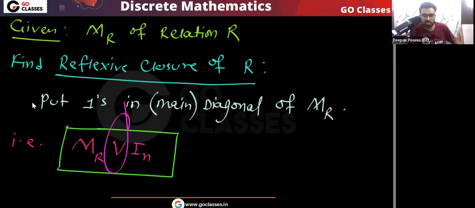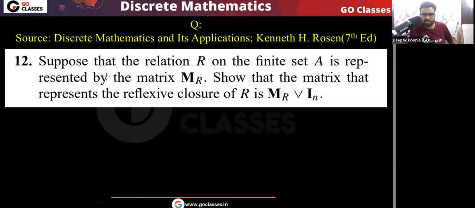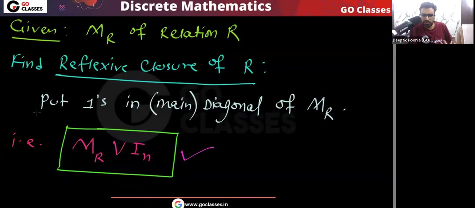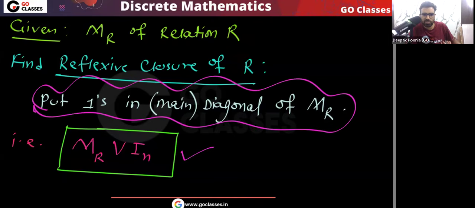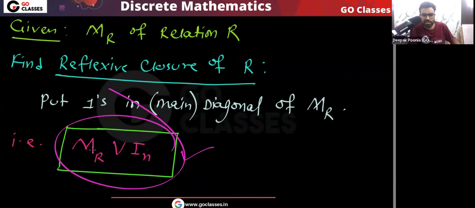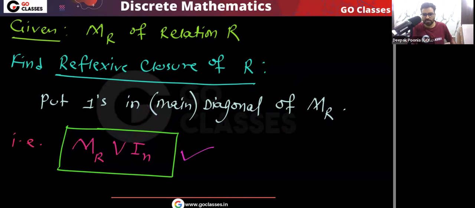So you will just do the OR with the identity matrix. Then you will get the reflexive closure of R. Okay, this is the answer. That's the same thing the question is asking. Suppose that relation R is represented by matrix MR, then this matrix will be the reflexive closure of R. Very easy. Because putting ones in the main diagonal of MR is the same as taking OR with the identity matrix. Simple, right?